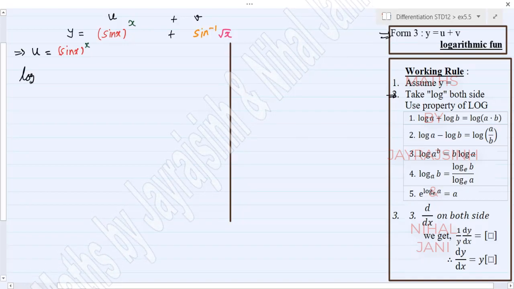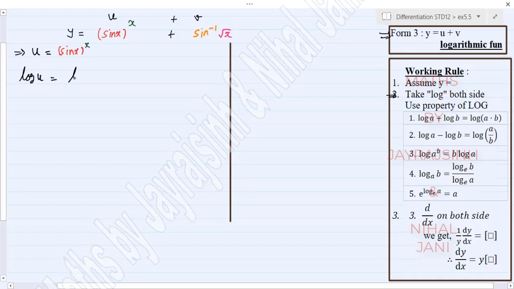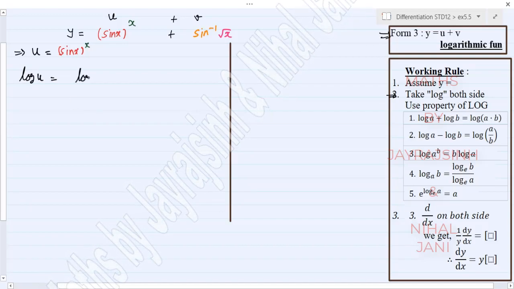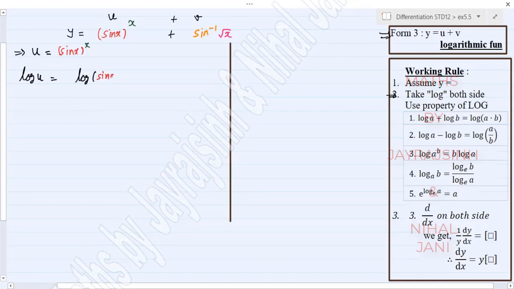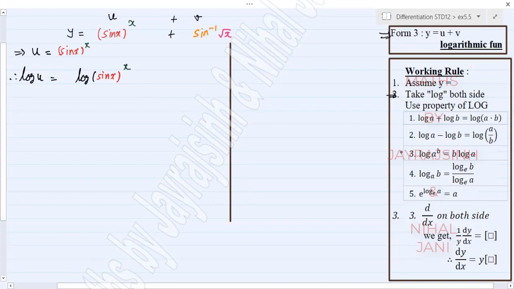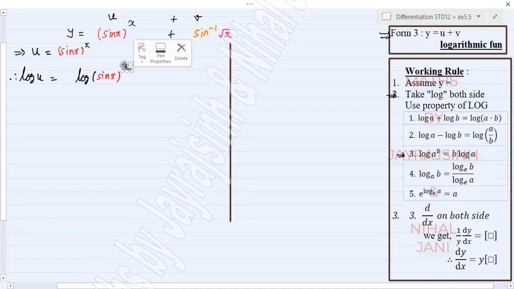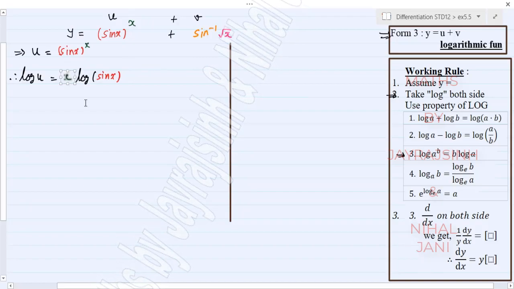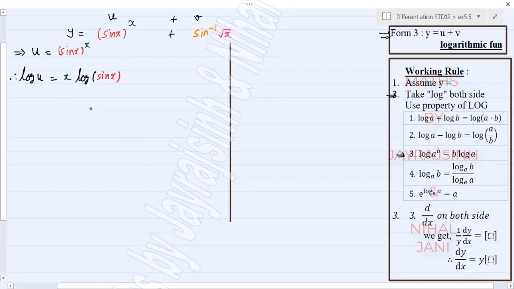So we'll get log u is equal to log of sin x whole raised to x. To simplify our right hand side, let's use third property, in which we can take this x within the multiplication of log. So we get our simplest log u.